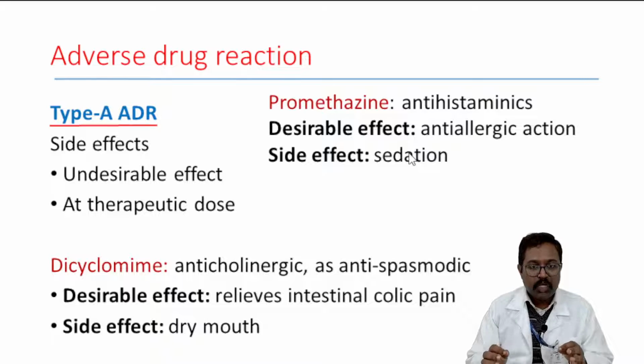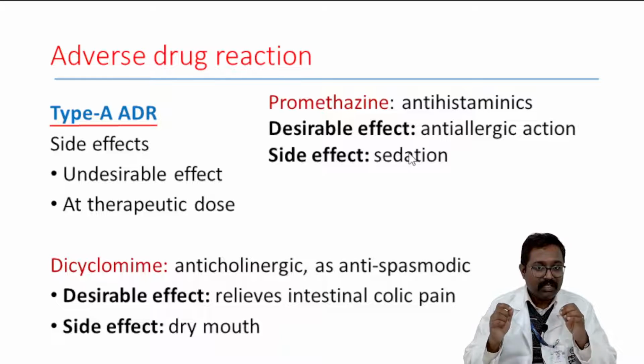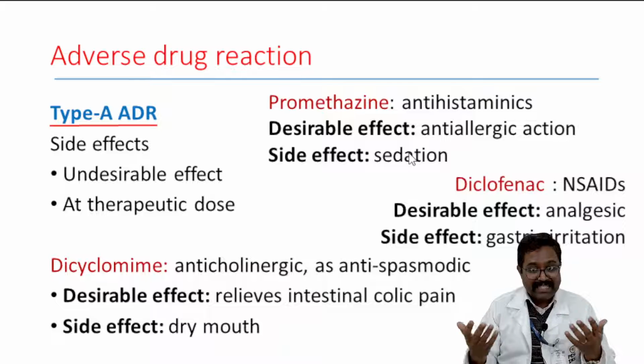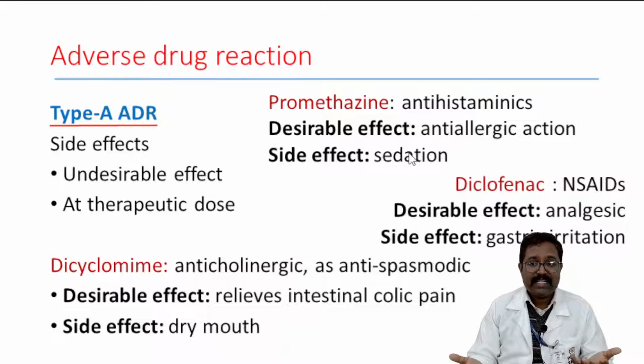The person should not indulge in activities which require constant attention. And next we have diclofenac. As we discussed, NSAIDs produce analgesic as well as antipyretic effect, which is the desirable effect, but the side effect will be gastric irritation.